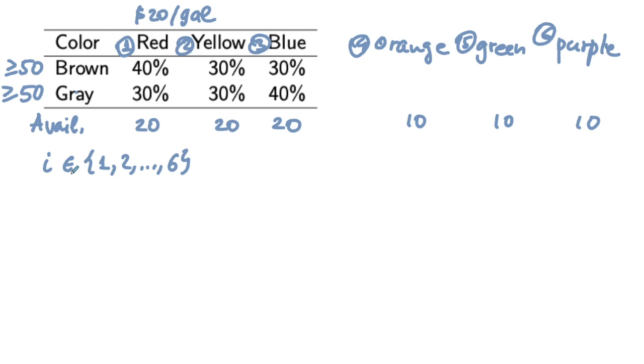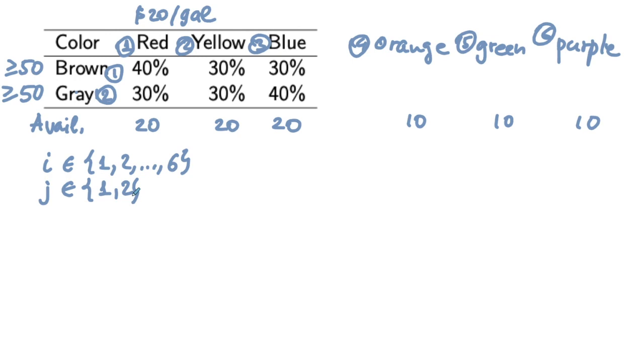And these 6 paints are used to obtain the 2 mixes. The first one is going to be the brown mix, and the second one is going to be the gray mix. And we'll use index j for the mixes. j is going to be either 1 or 2.